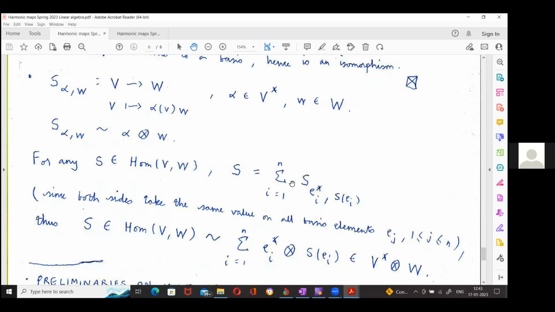So any S I can write as a sum over i of S sub e_i star comma S of e_i. And that means that any linear map S in Hom(V,W), under the identification with V star tensor W, corresponds to the sum of e_i star tensor S of e_i.